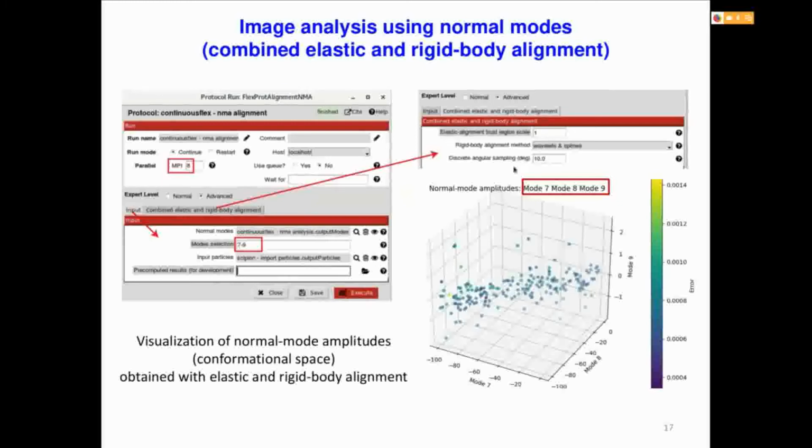So this is the input tab, and then you have the second tab that contains some parameters related to elastic and rigid body alignment. Here, the most important thing to notice is that there are two methods for rigid body alignment. One is real space projection matching, and the second is the default method, variable projection matching in Fourier space, followed by another method that performs refinement of rigid body parameters in Fourier space.